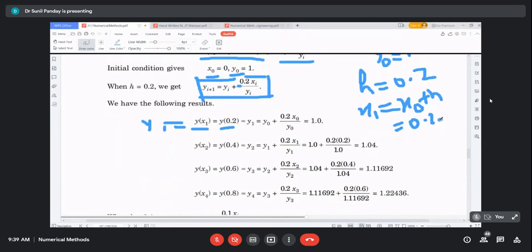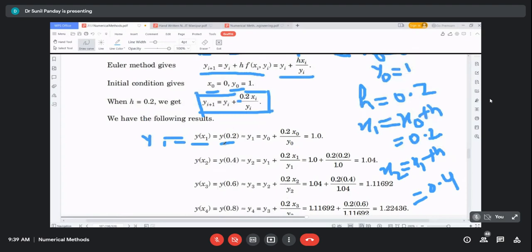Then similarly you can calculate x2 also, because x2 is x1 plus h, so it is 0.4. So y of x1 we are calculating here, that is y at 0.2, and then we use this formula on the right side.